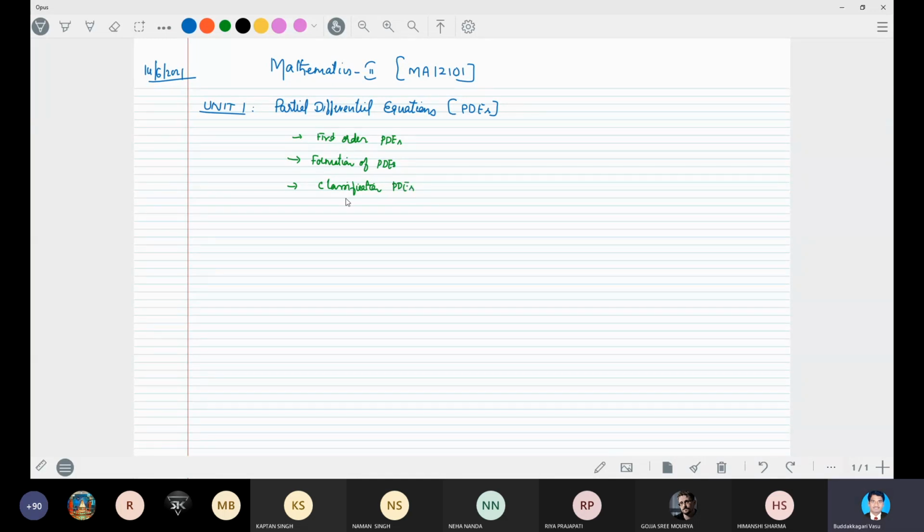That classification will give you different equations. They may be parabolic, hyperbolic, elliptic equations. Once we classify them, how they can be solved comes in the solution part, the solution of PDEs.